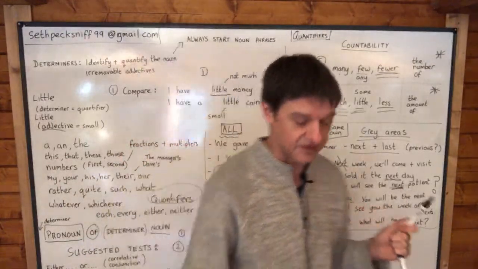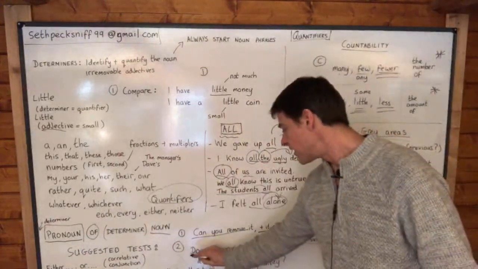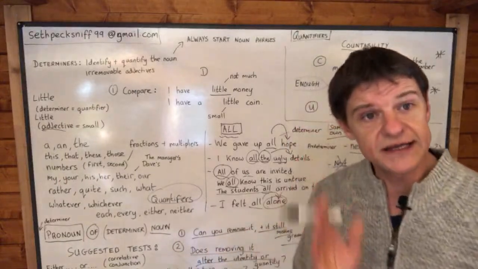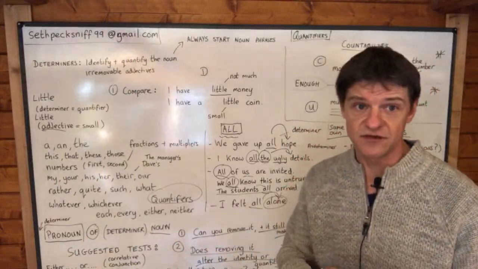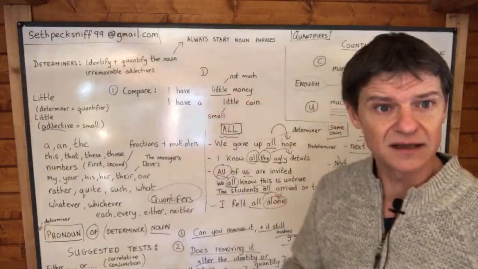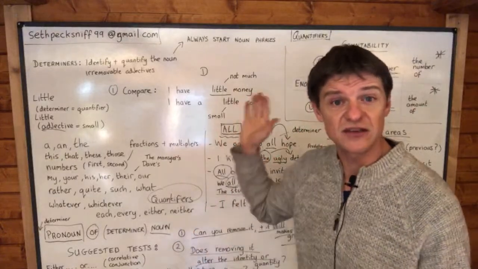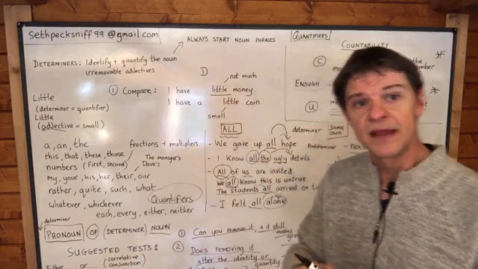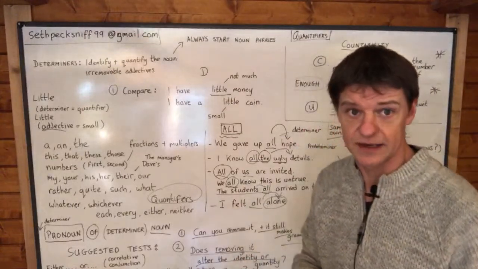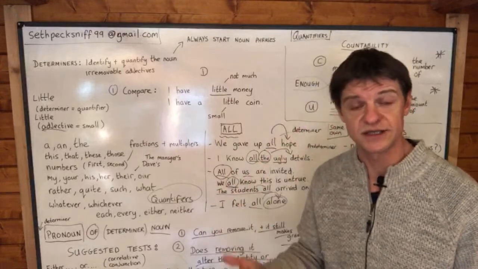However, you might argue secondly that when you remove the determiner, it alters the identity or the quantity of the noun. We had the example, I have little money. Remove little, I have money. It does seem to drastically change the meaning because it changes the quantity. And so I would say that when you remove the determiner, you alter the identity or the quantity.